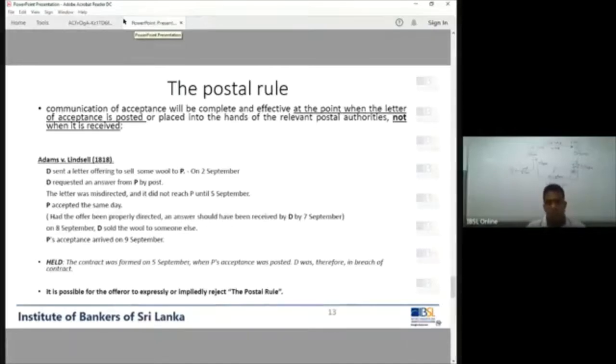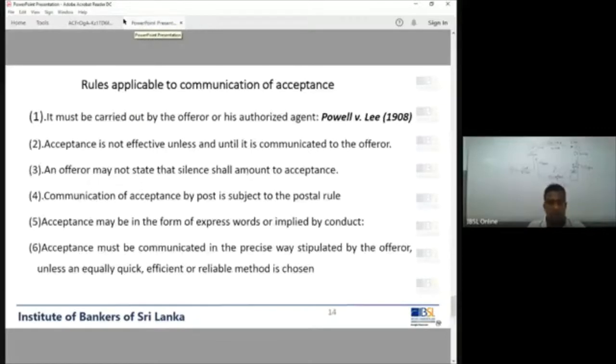Right, so then I'll go to the next one. Rules applicable to communication of acceptance. What is the first rule? Number one, it must be carried out by the offerer or his... actually it has to be carried out by the offeree or his authorized agent.